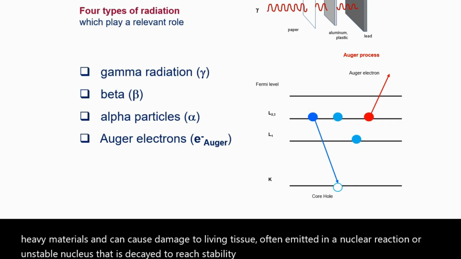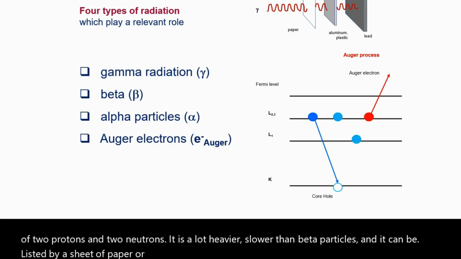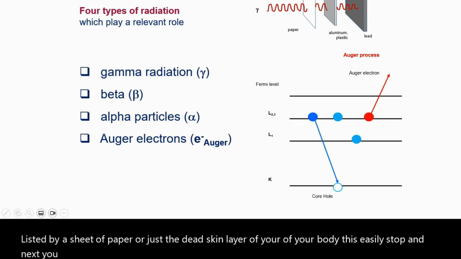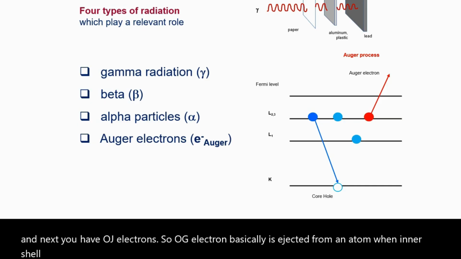Next, you have alpha particles. It consists of two protons and two neutrons. It is a lot heavier and slower than beta particles, and it can be easily stopped by a sheet of paper or just the dead skin layer of your body. And next you have Auger electron. Auger electron basically is ejected from an atom when an inner shell electron is removed.